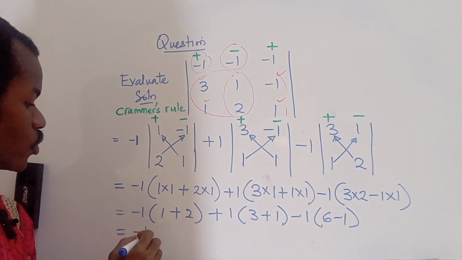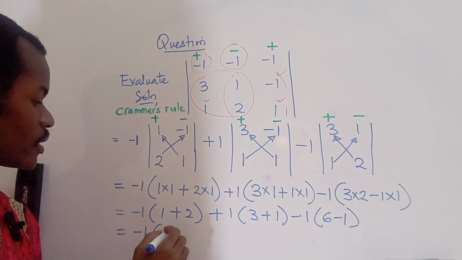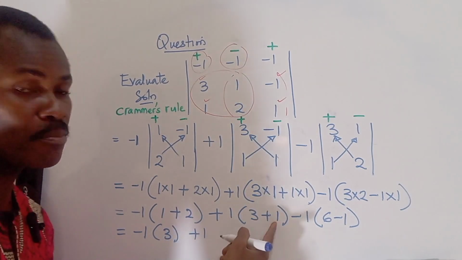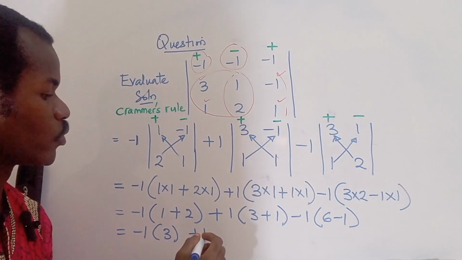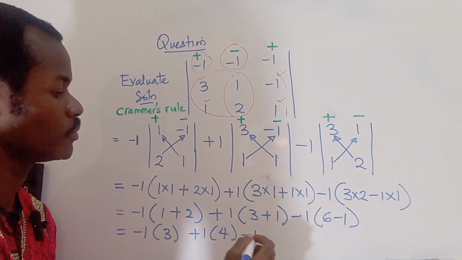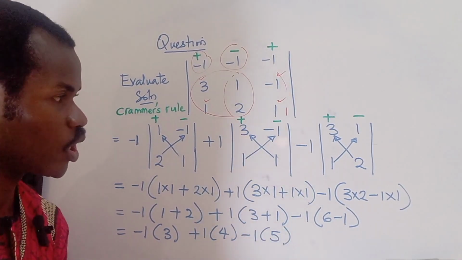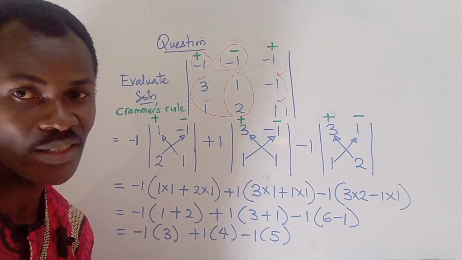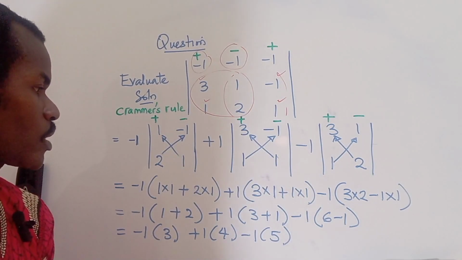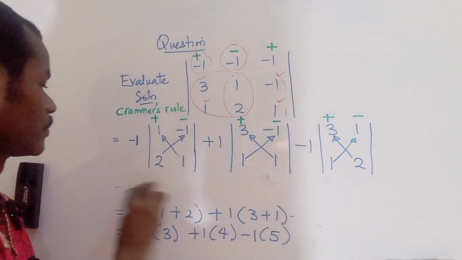So I have minus 1. 1 plus 2 is 3, so we have minus 1 times 3. This is plus 1. 3 plus 1 is 4, so we have plus 1 times 4. We have minus 1. 6 minus 1 is 5. So all we need to do to get our answer is to solve this expression.